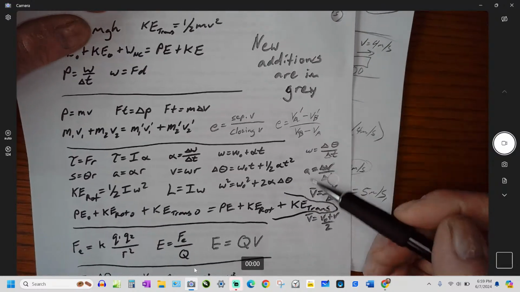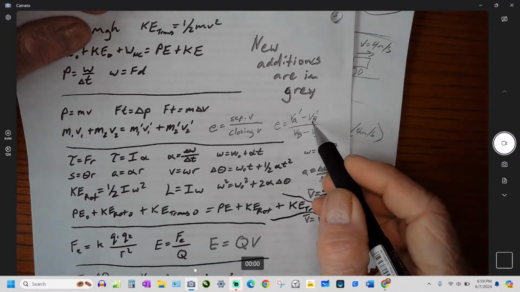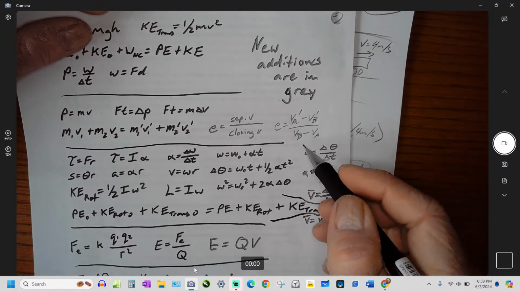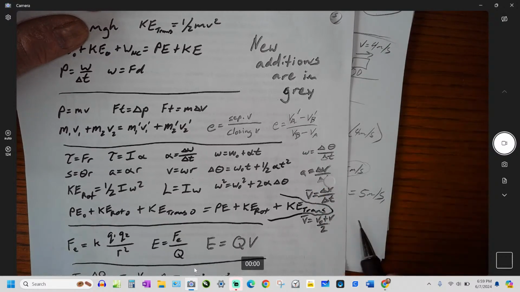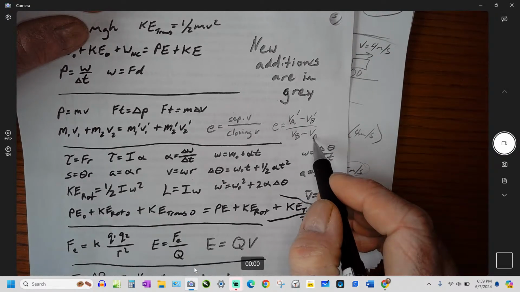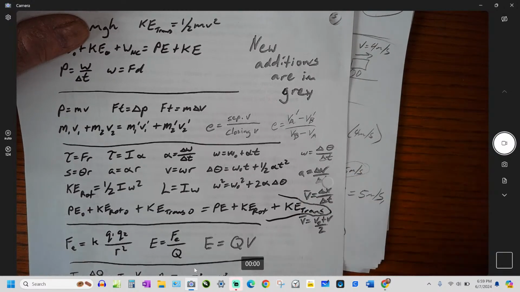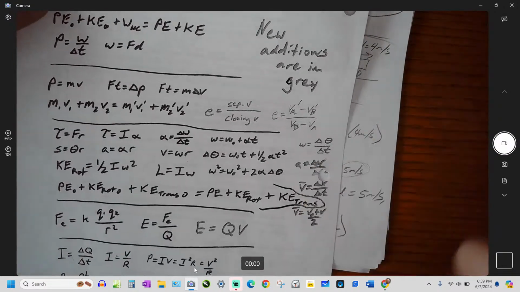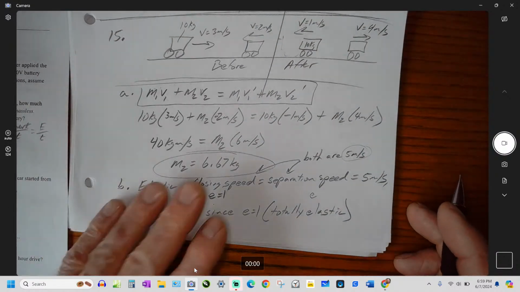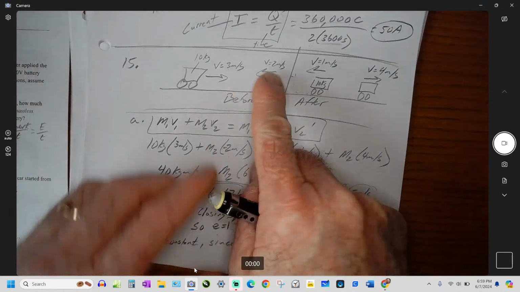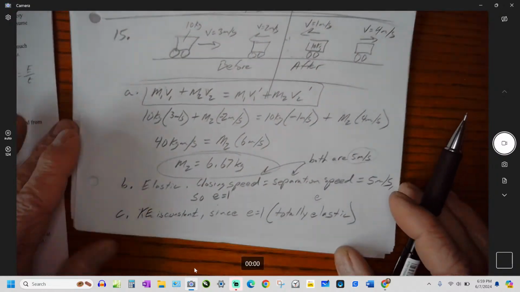So you could use that equation. And I might have it backward. It might be VB prime minus VA prime over VA minus VB, but that would work also. As long as the order is reversed on the top and the bottom, and the primes mean after and the non-primes mean before, you'll get the right answer. But you probably don't need to do that. Most people could look at this and realize these are coming together at 5 meters per second, and these are going apart at 5 meters per second. That's all you have to do.